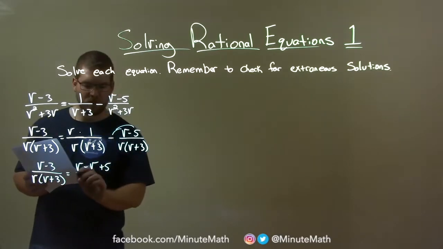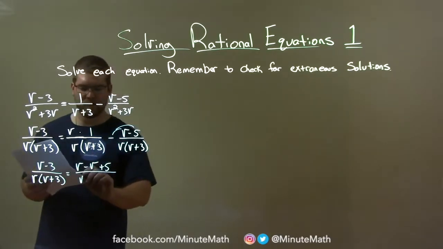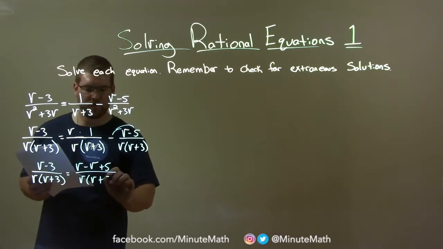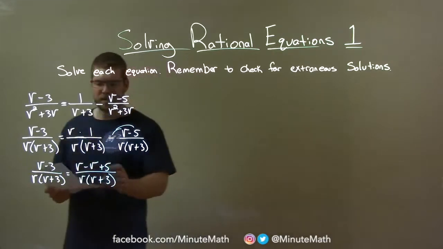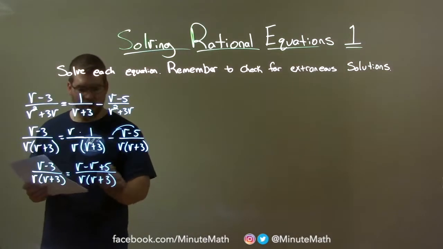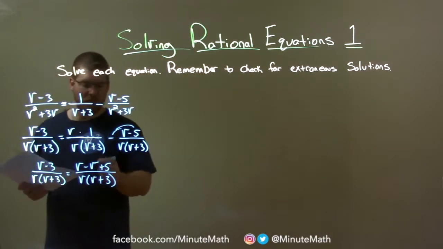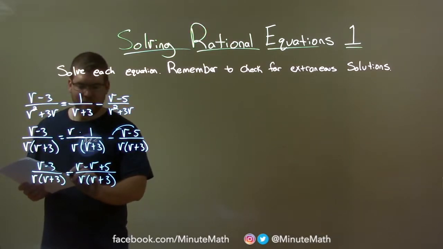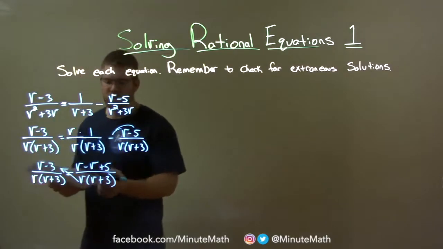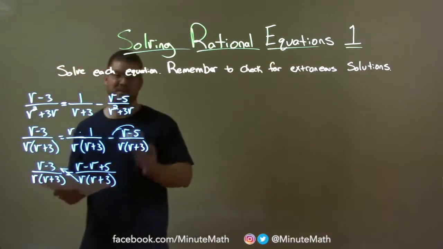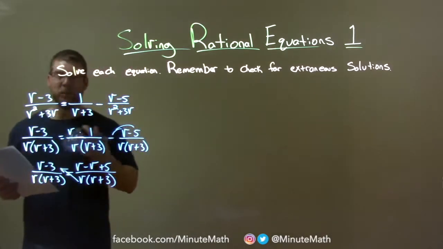Plus 5 over that denominator, now together, v times v plus 3. So now I'm going to multiply both sides by this denominator, or we can cross multiply, but I'm really going to just bring this side up. You'll see why in a second. Doing so is going to cancel some things out. It makes it a whole bunch easier to use and manipulate.